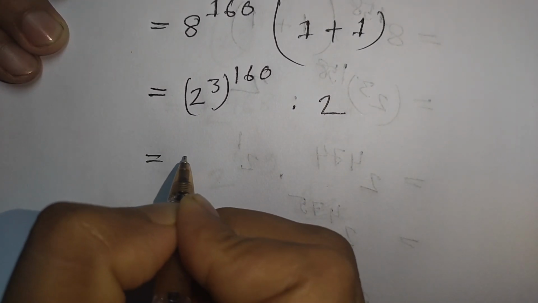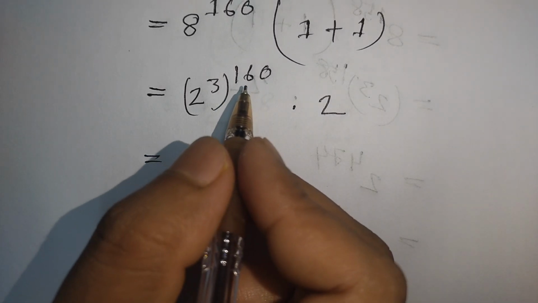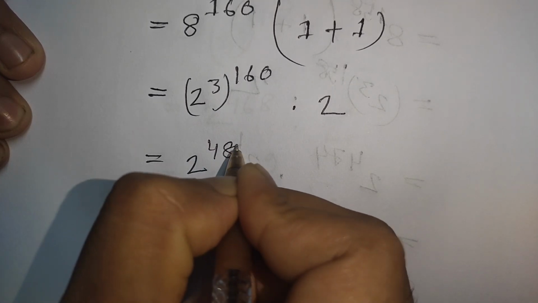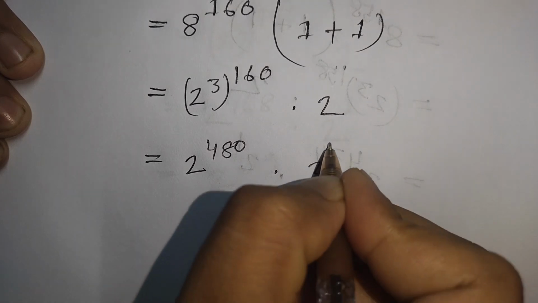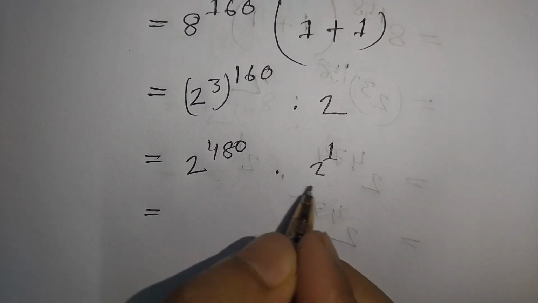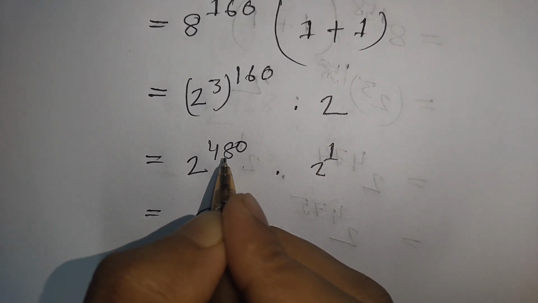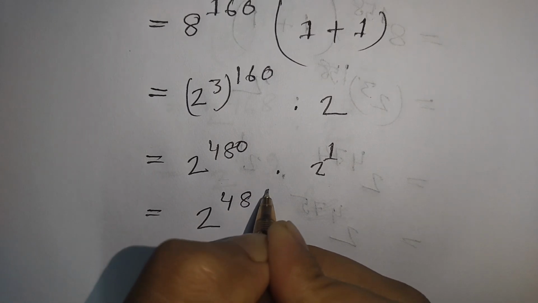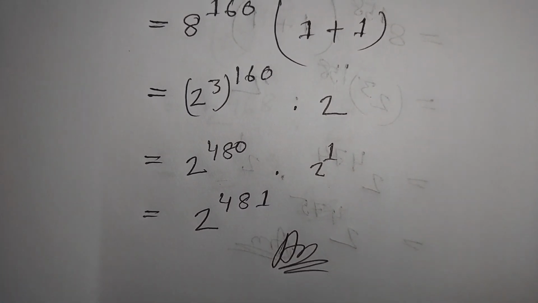Now 2 to the power 3 times 160 is same as 480, and 2 is same as 2 to the power 1. Now we see that 2 same base but different powers. So you can write here 2 to the power 480 plus 1, that means 481. So 2 to the power 481 is the correct answer.